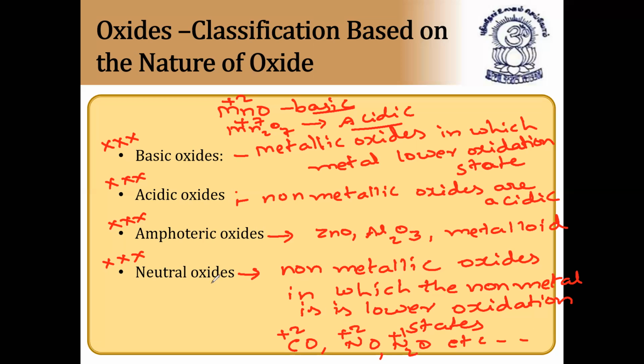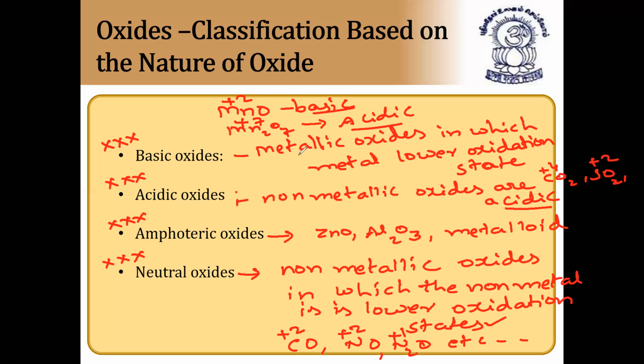So what are neutral oxides? Non-metallic oxides in which the non-metal is in a lower oxidation state. And acidic oxides like carbon dioxide, sulfur trioxide, etc. are those where the non-metals are in higher oxidation states.